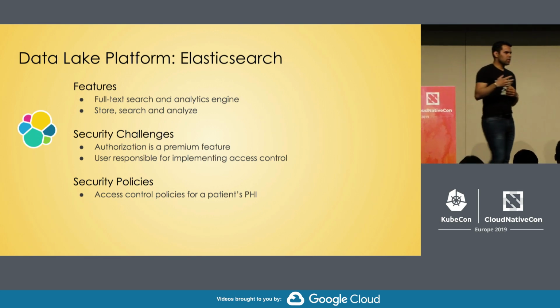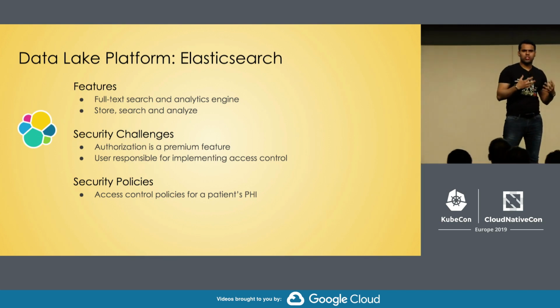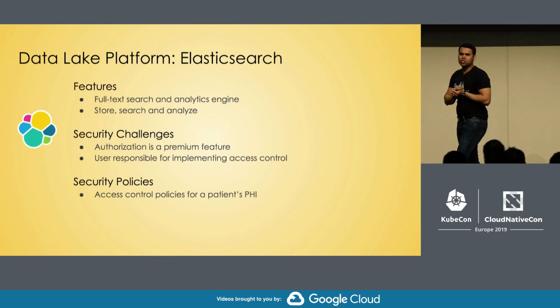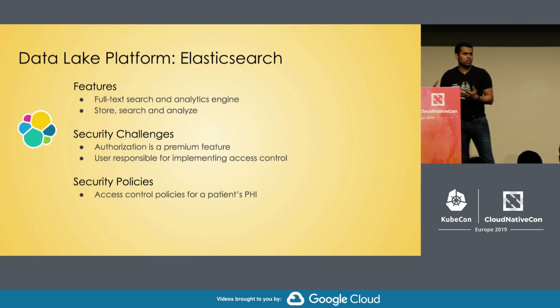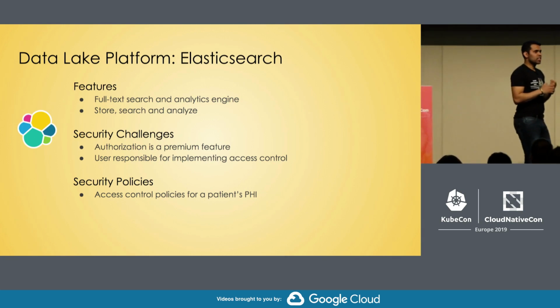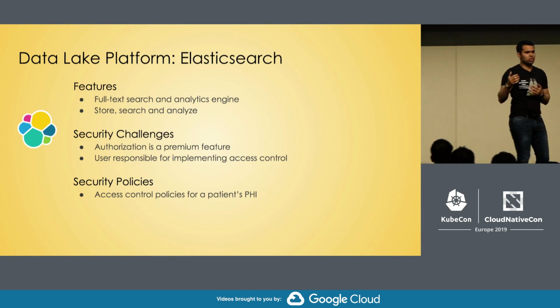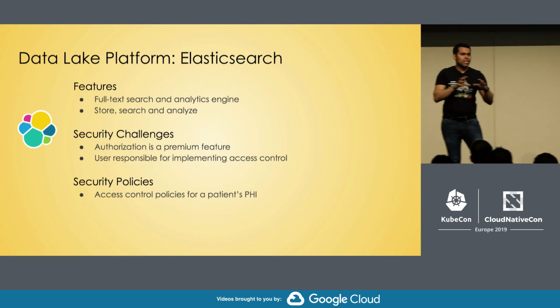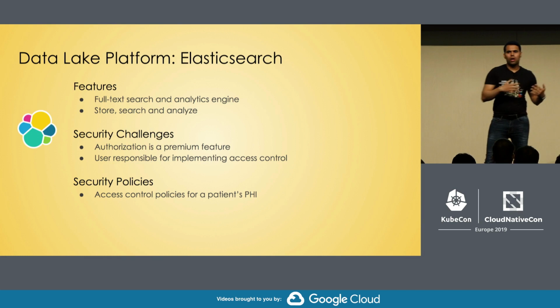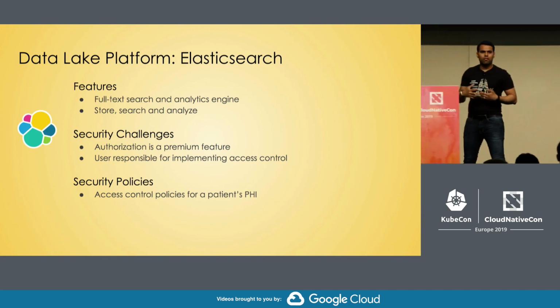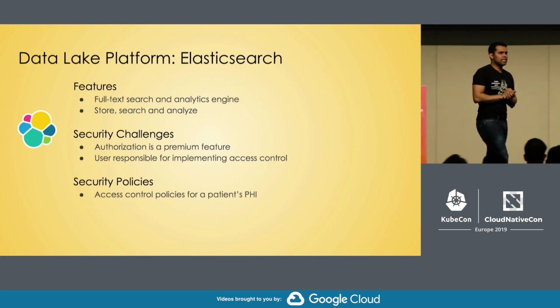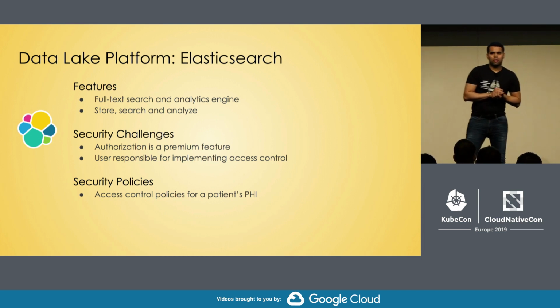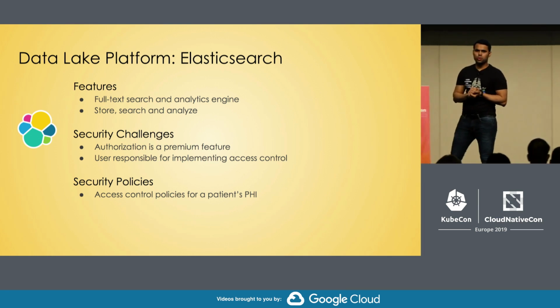Imagine in Elasticsearch you have an individual's PHI, the protected health information, and you want to provide secure access to that information based on, say, a user's role or some attribute of the user. How are you going to enforce that kind of attribute-based policy in Elasticsearch? And who is going to do it for you?